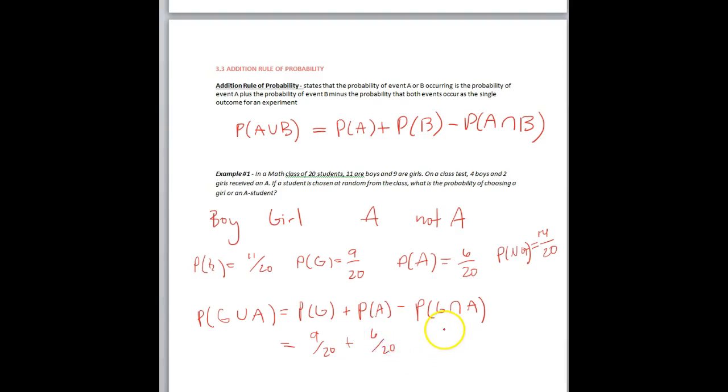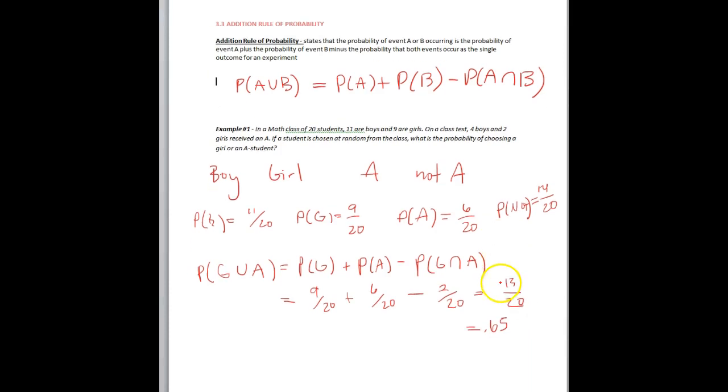And the probability that we're getting rid of, where they intersect, is girls that received an A. Girls that received an A were 2, so the probability that they intersect is 2 of 20. So this fraction is 15 of 20 minus 2 of 20, which is 13 of 20, or 0.65.